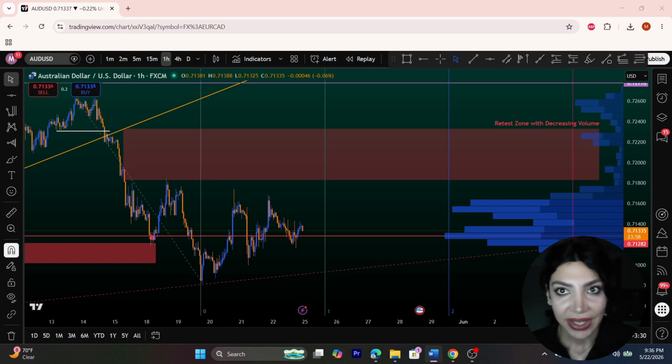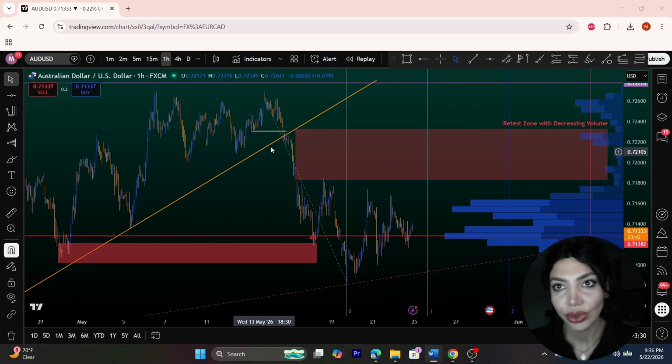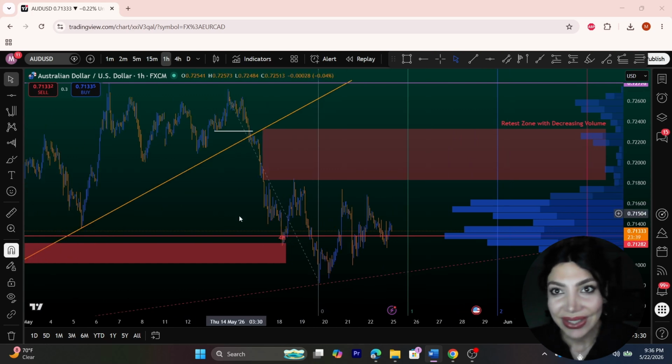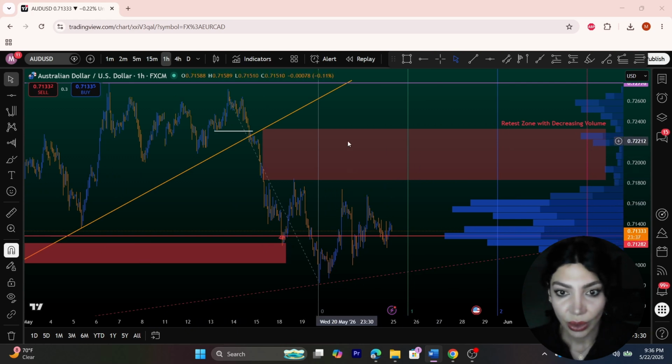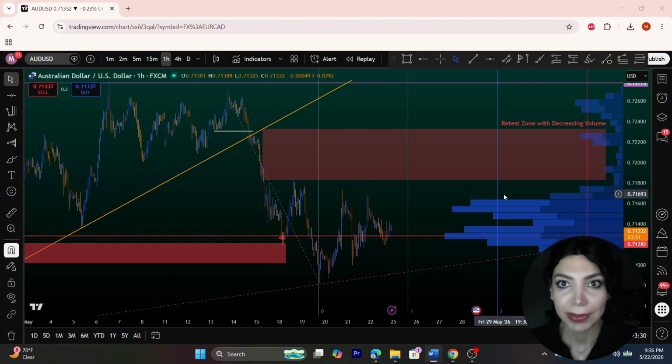So the trade idea wasn't based on a single factor. It was a combination of relative weakness in AUD, a clear structural trend line as I showed you earlier, a retest into a defined sell zone, which was here, and declining bullish volume during the retracement.